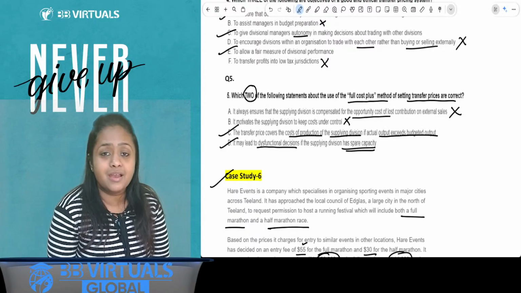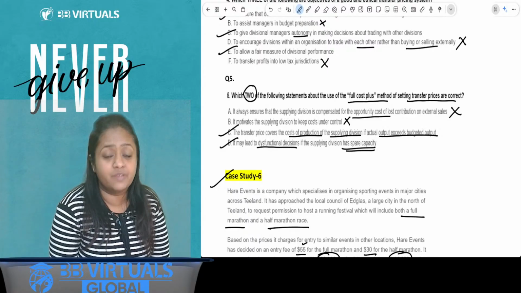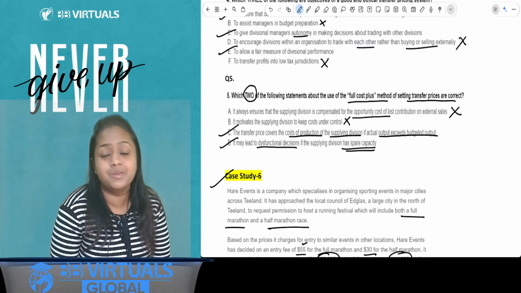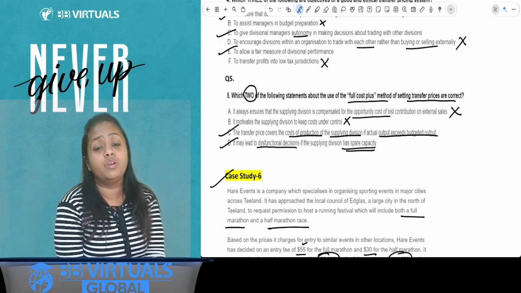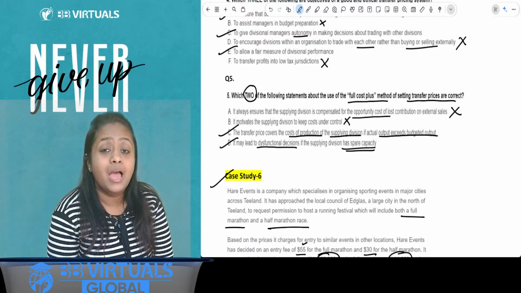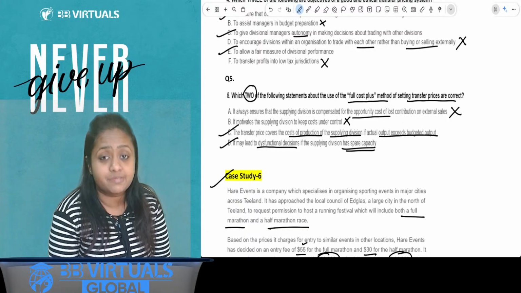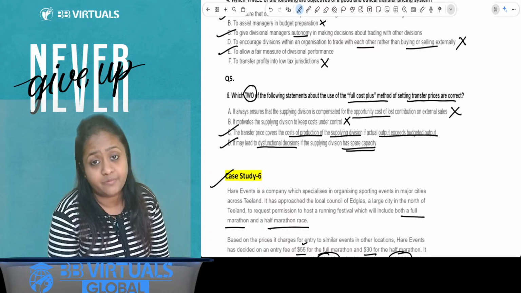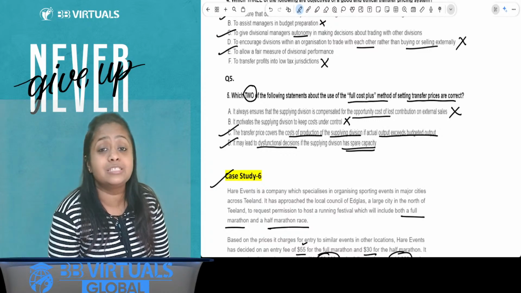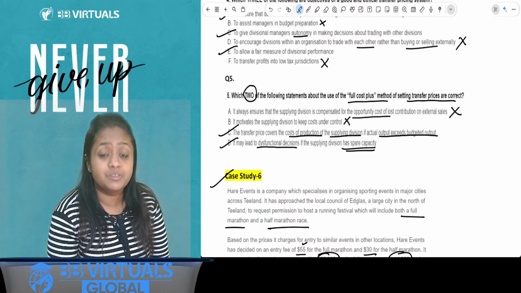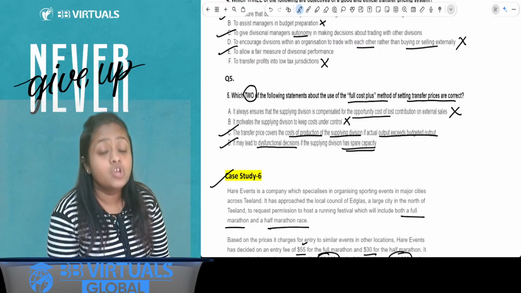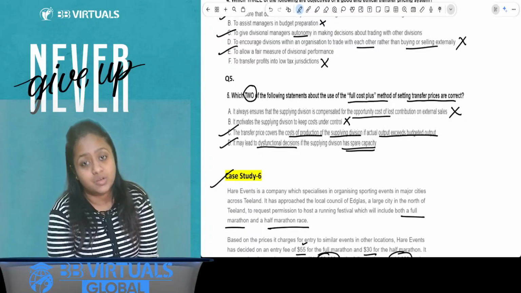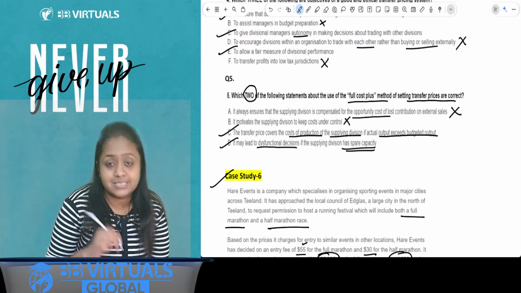So that is like unnecessarily increasing the price. And from the group perspective, it is going to be negative because the buying division will not be ready to buy at this price, and then the selling division will still have spare capacity and its capacity will get wasted. And the buying division instead will buy at a price which is lower than the full cost plus margin but higher than variable cost. So overall the entity will have a loss, right? So therefore this is correct.